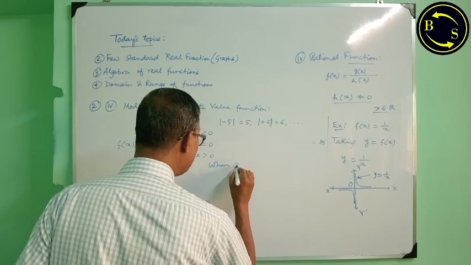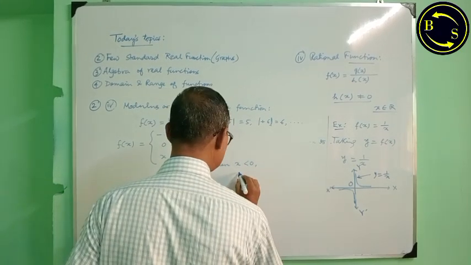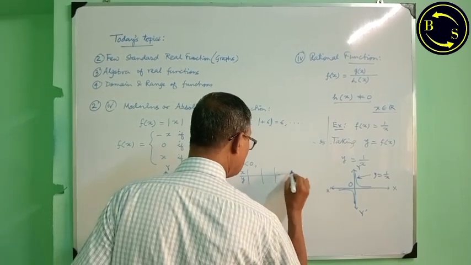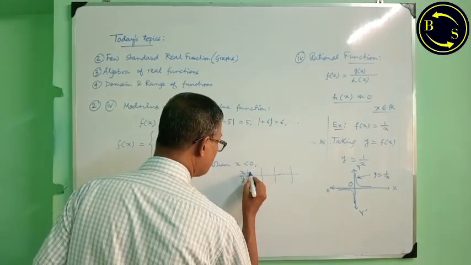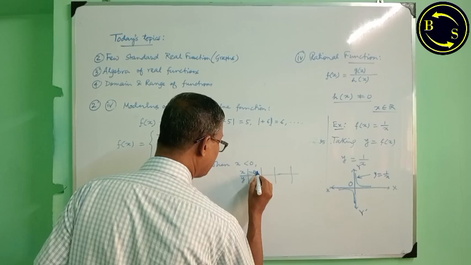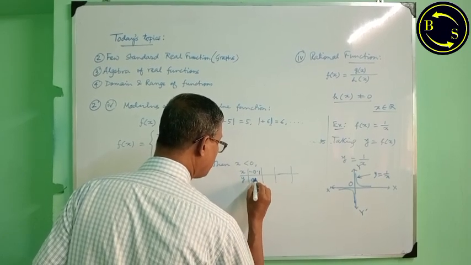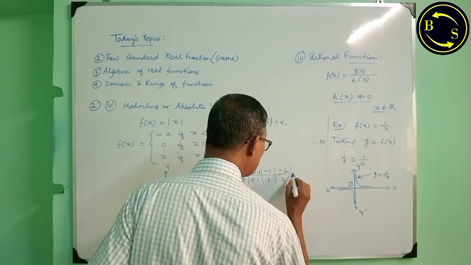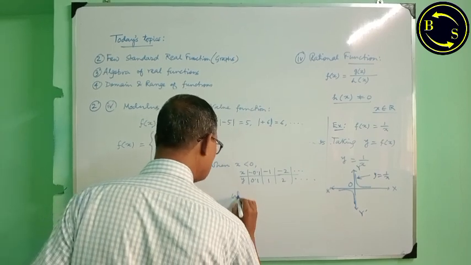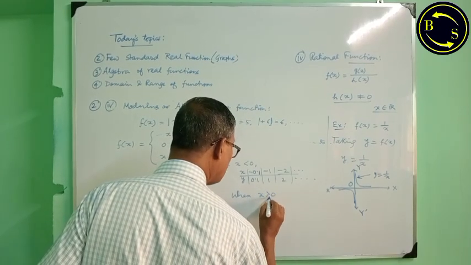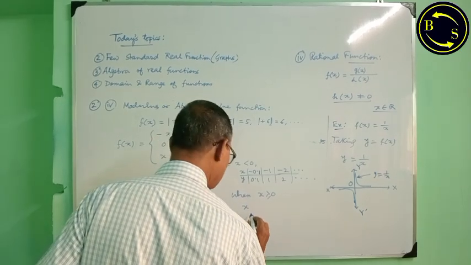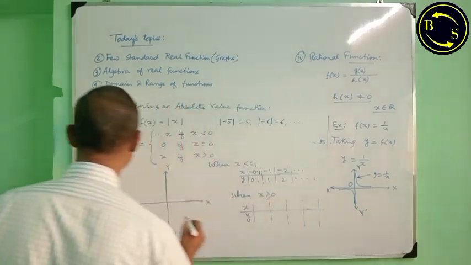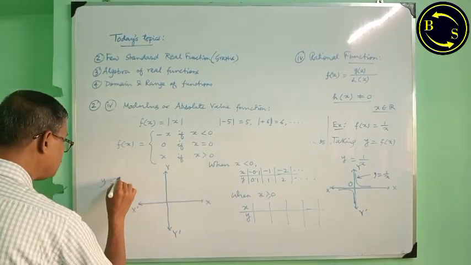When x is negative, x, y, I take like this, minus 0.1, then it will be 0.1, minus 1, 1, minus 2, 2, etc. When x is positive or equal to 0, then I have taken here y is equal to f(x).